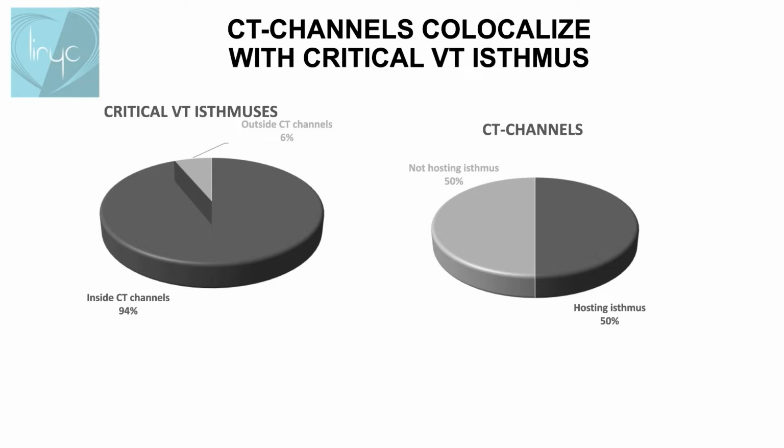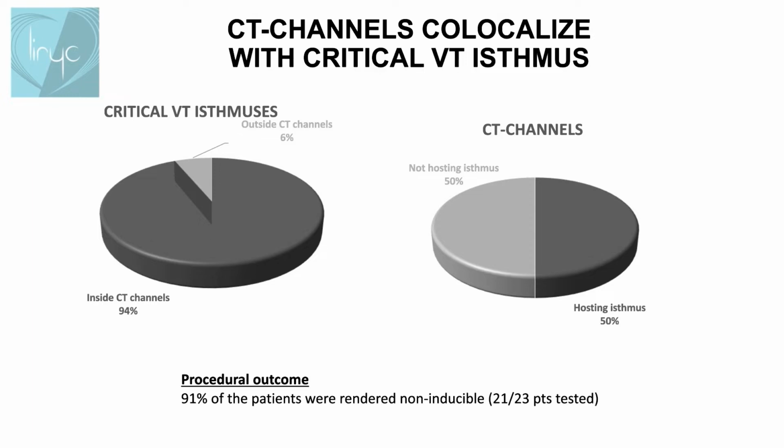So it's likely, though, that what matters most is the sensitivity. And if you look at the performance of CT scan wall thickness analysis, it's very rarely that you find a VT isthmus that is not in the CT channels identified.